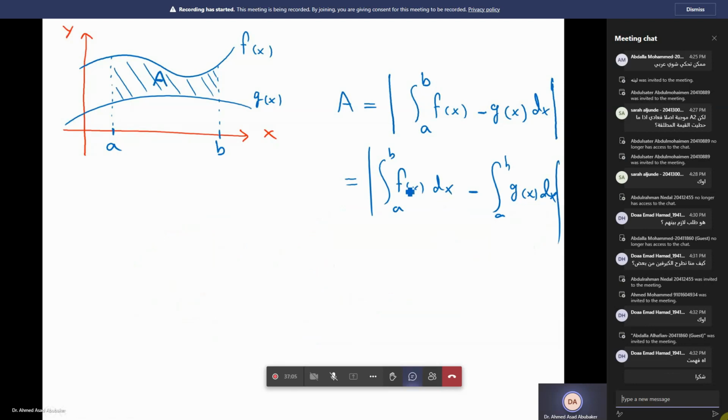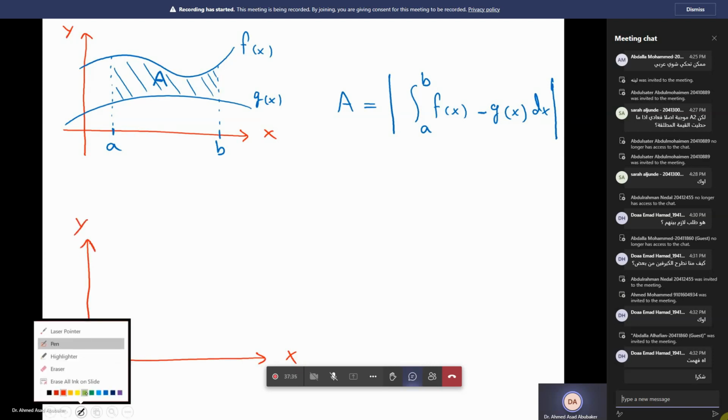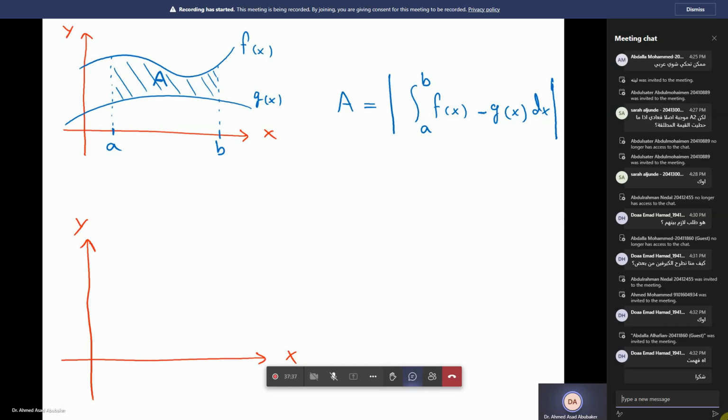Okay, the last case. We need to find the closed area between f and g without determined from A to B. So here we need to find the closed area between f and g. For example, like this.